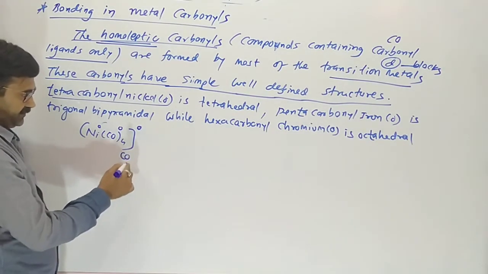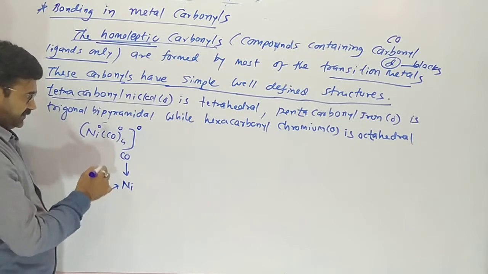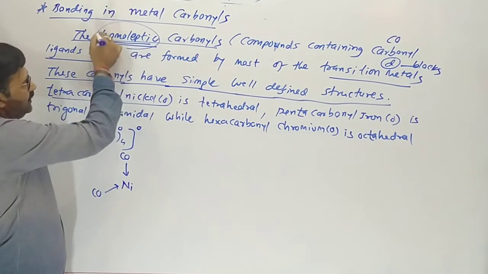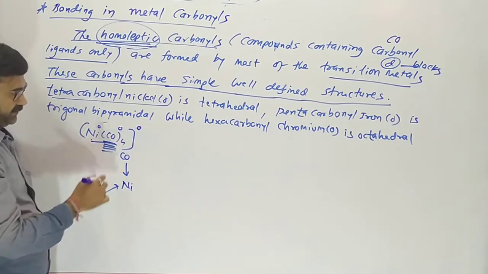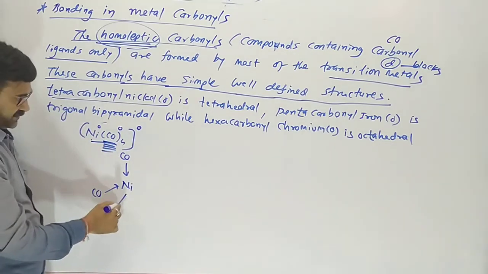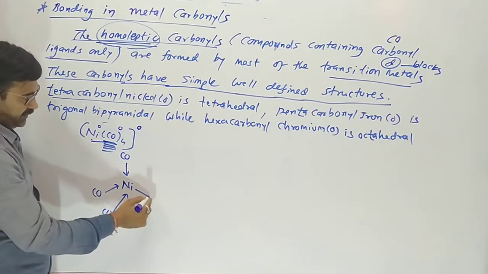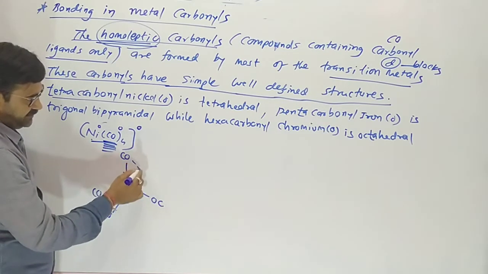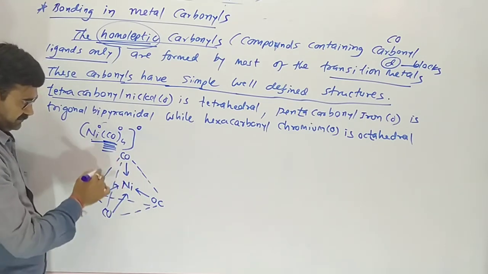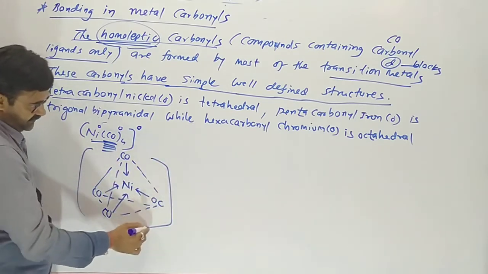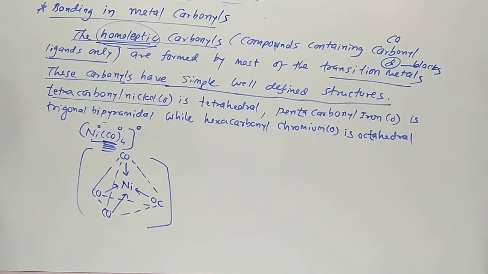One nickel, this is homoleptic, you can see. Nickel is combining with only one type of ligand. Here 4 carbonyl ligands are there, and this one is tetrahedral.